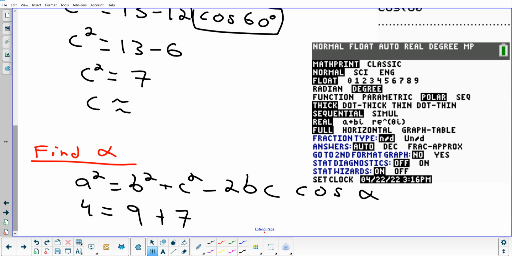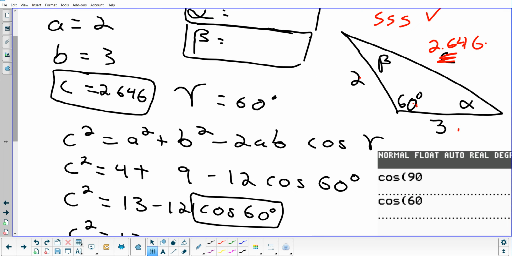Okay, that's about all I can do without a calculator. Now I need a calculator to do 2 times b times c. Well, 2 times b is 6. I need to do 6 times 2.646.